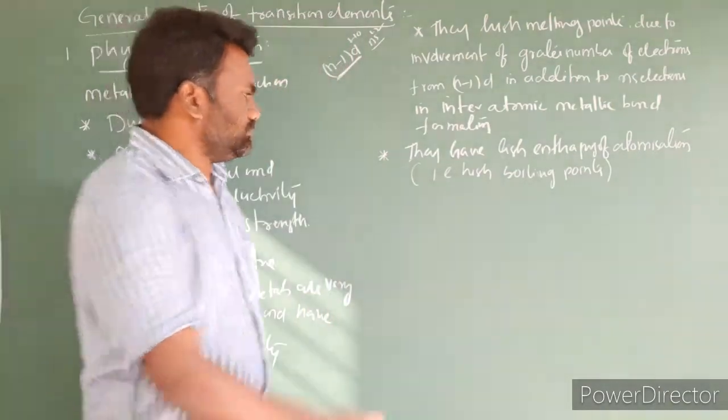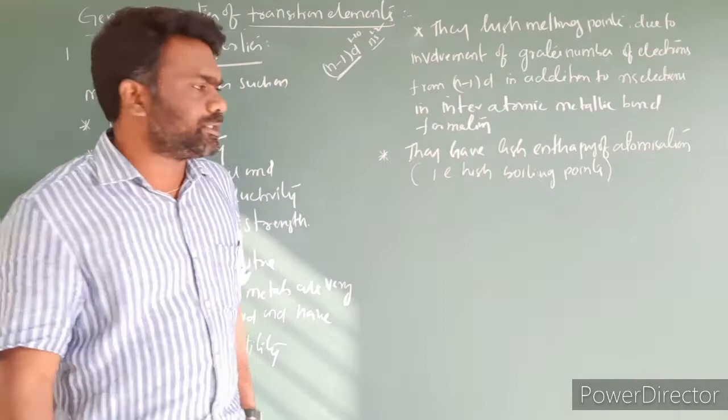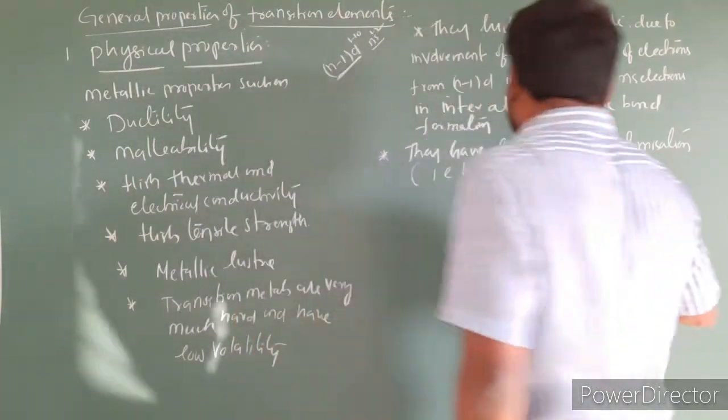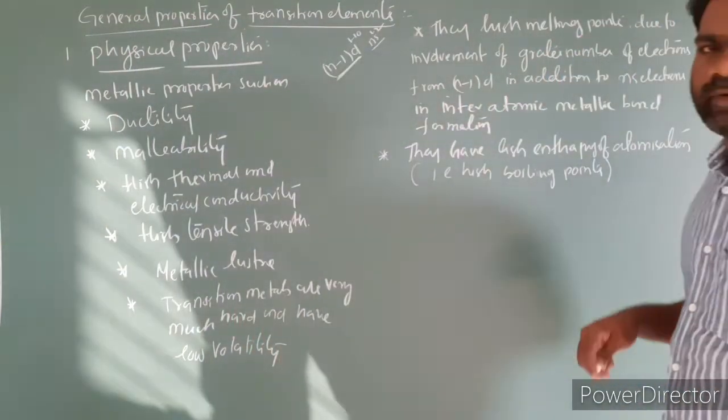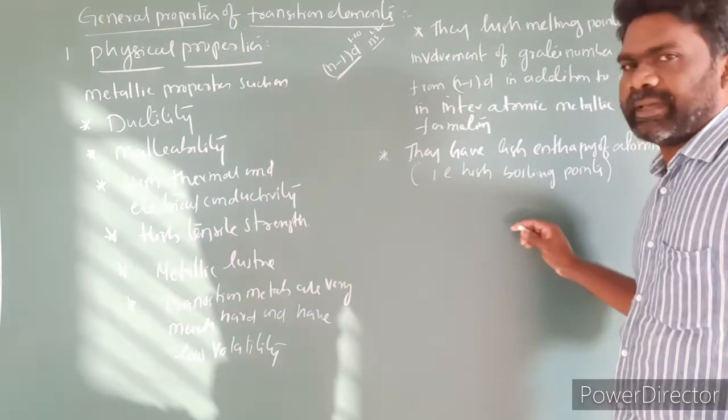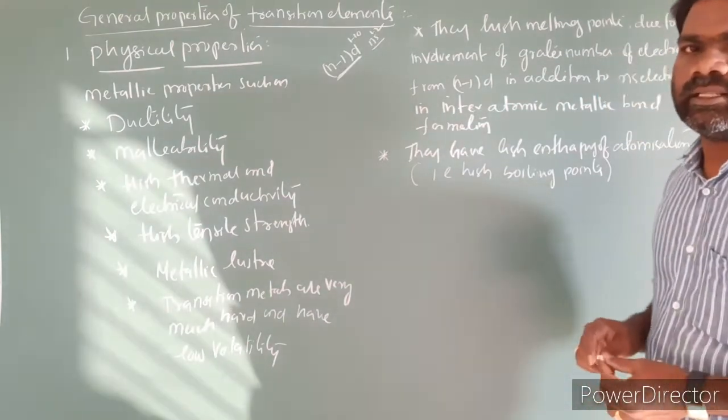Now let's look at the enthalpy of atomization of different series of elements. In each series, the enthalpy of atomization rises to a maximum at the middle and then decreases.